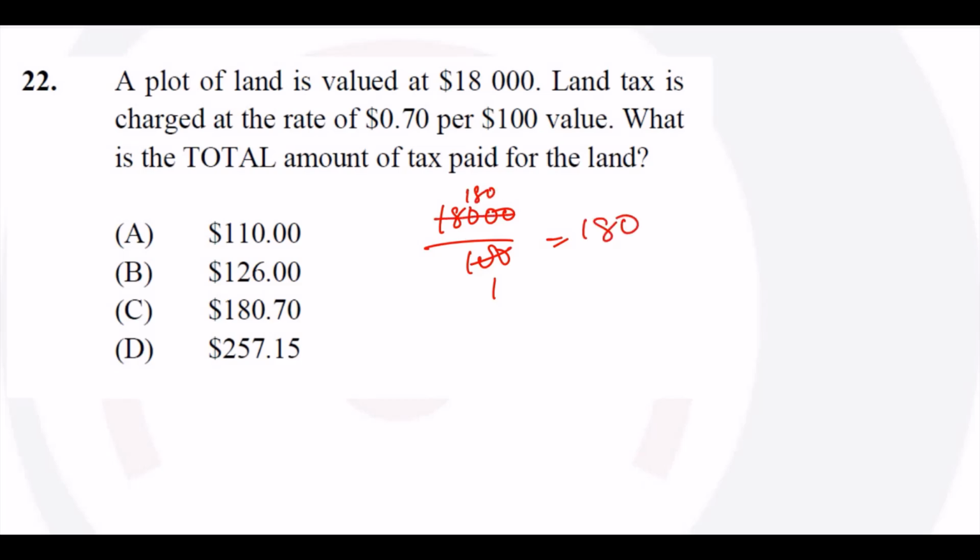So now we say that each 180 is multiplied by 0.7, because it's 70 cents per $100 value, and that gives me 126. So my answer is going to be B, $126.